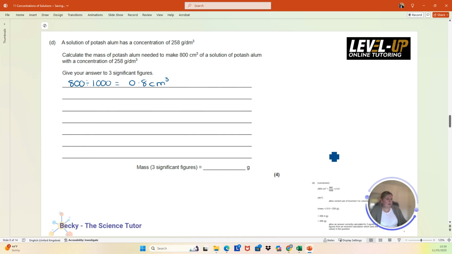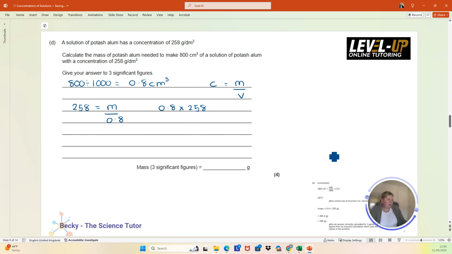Okay, now I can put concentration equals mass over volume. I know the concentration, I want to make 258 grams per decimetre cubed. Mass I want to find, and I've got a volume of 0.8. So if I times both sides by 0.8, oops.